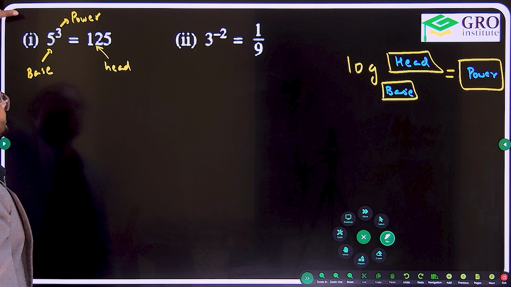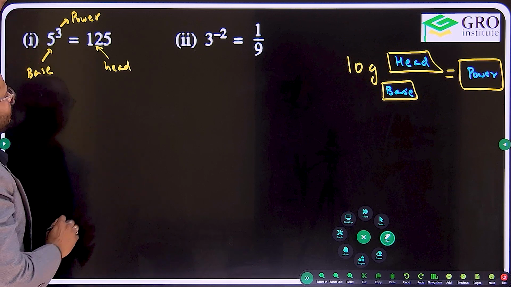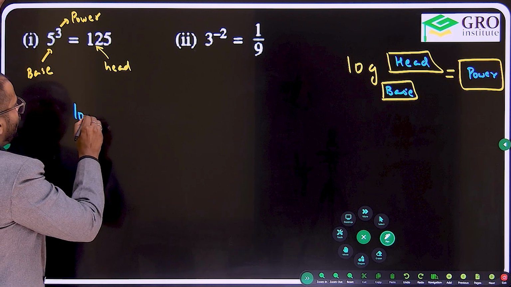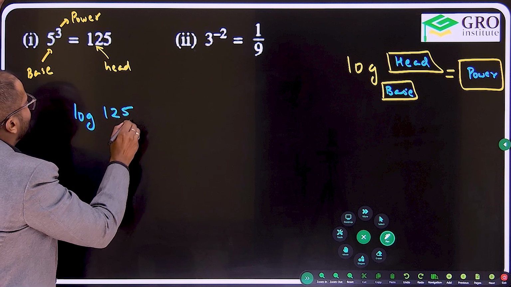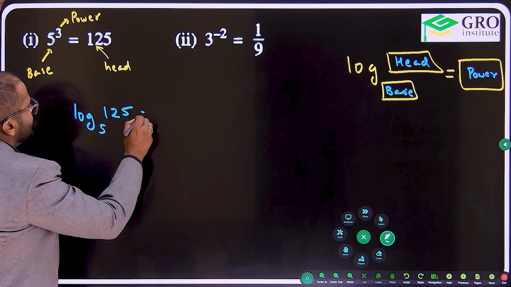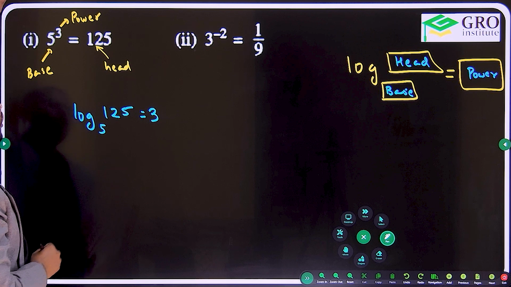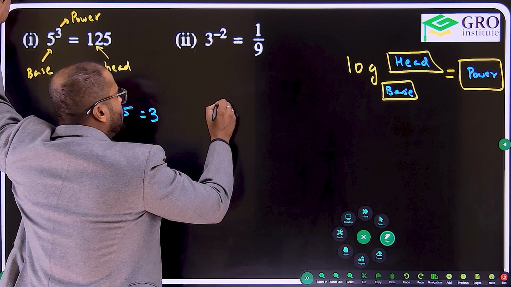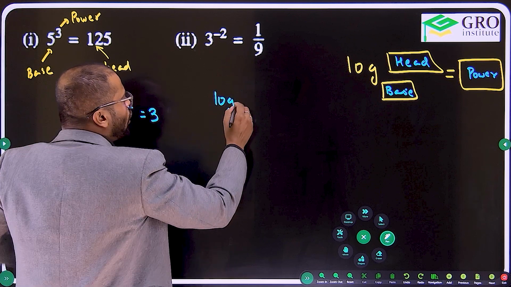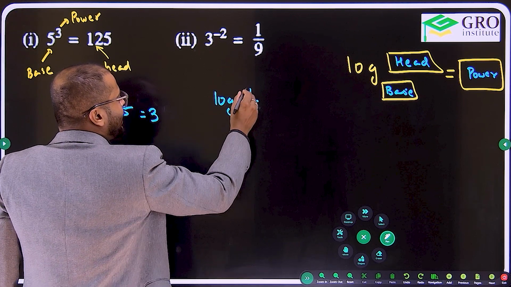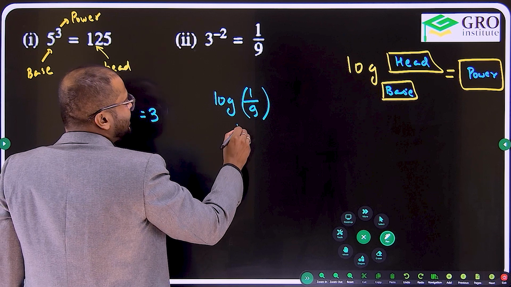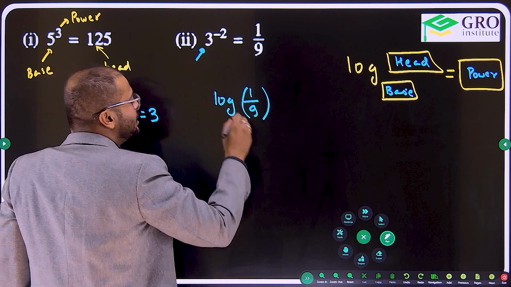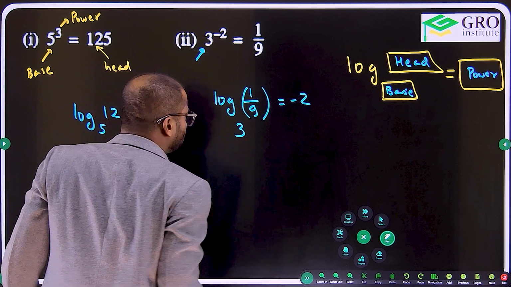Now base remains base, 5 is your base, right? So log of 125 having base 5 is equal to 3. Log of 1 by 9 having base 3, base remains base as I said, is equal to minus 2, right?